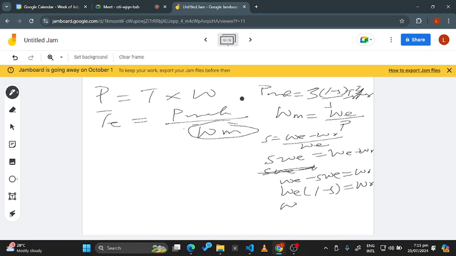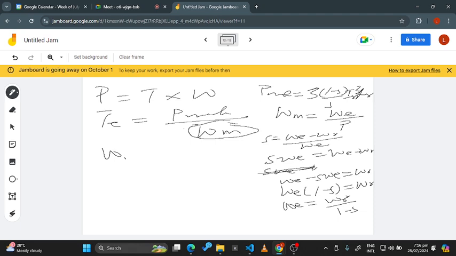Omega e should be equal to omega r, which is the rotor speed, divided by (1 minus S).